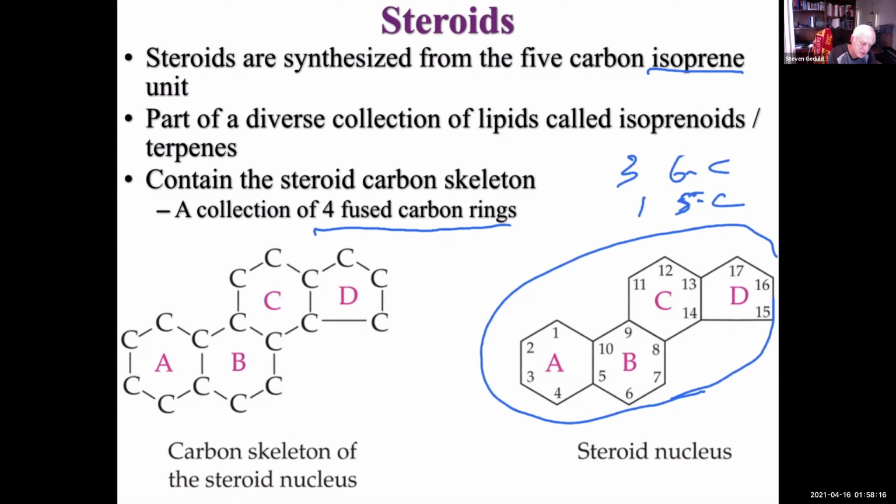So here's a 6 carbon ring, 6 carbon ring, 6 carbon ring, 5 carbon ring. That's what your steroids are based on. That's your isoprene unit, folds over, forms like a polymer, and forms a steroid nucleus. So your steroids are built upon this 4-ring structure.